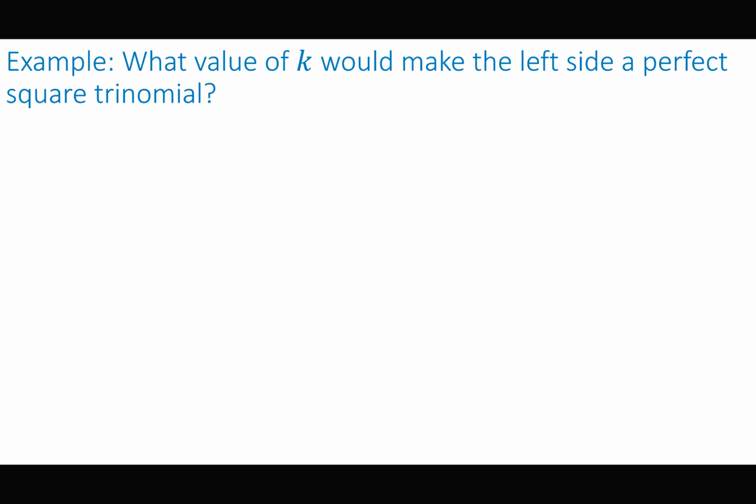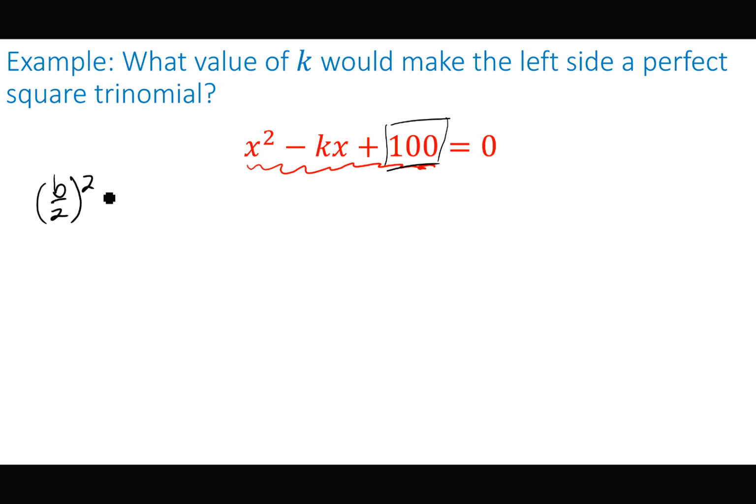All right, what value of k would make the left side a perfect square trinomial? Okay, so we want to make sure that this is a perfect square trinomial. In order to get a perfect square trinomial, we had to have been able to find this 100 from our b over 2 squared.